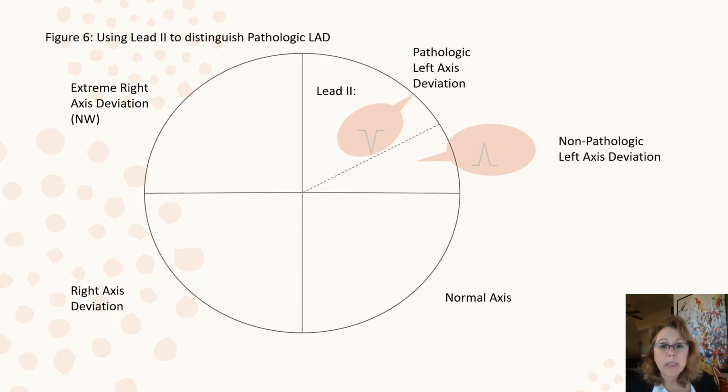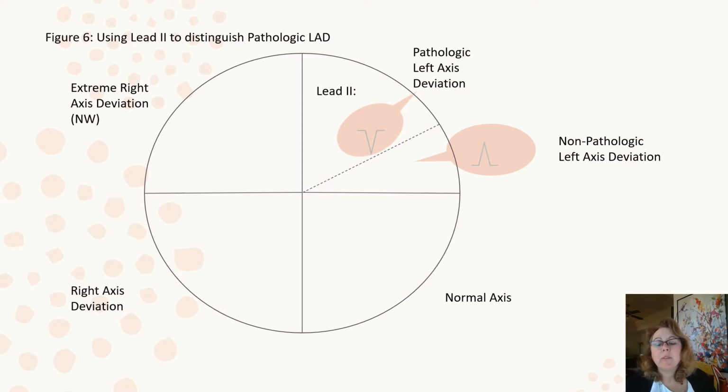Okay, so we have now covered a normal axis deviation, and so let's just briefly review. Lead 1, and I'm going to go through each of these in the same order. So lead 1 in a normal axis deviation is going to be positive, and lead 3 is going to be positive. We have a right axis deviation where lead 1 will be negative, and lead 3 will be positive.